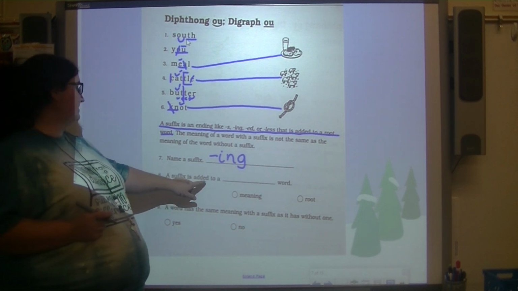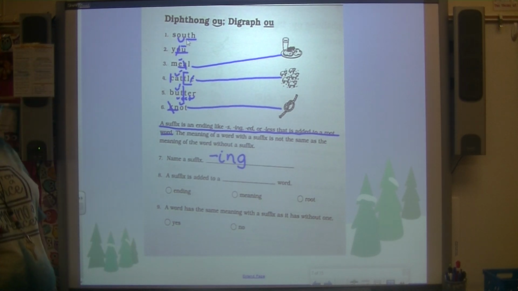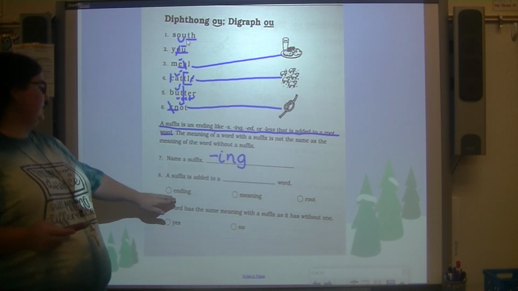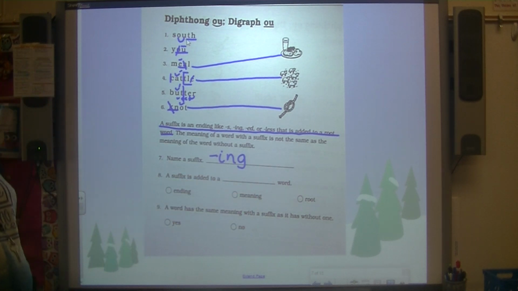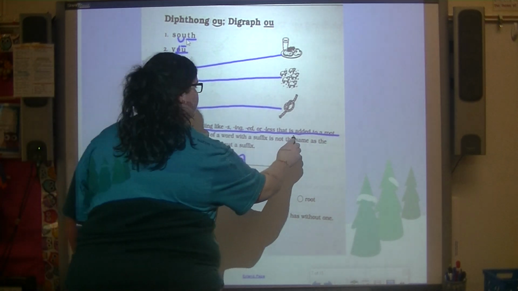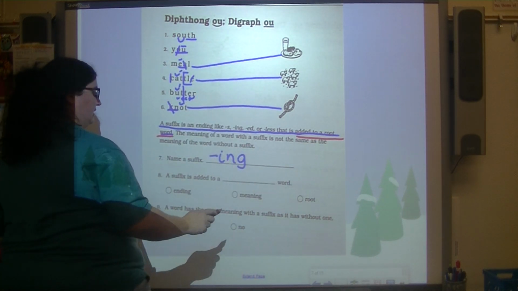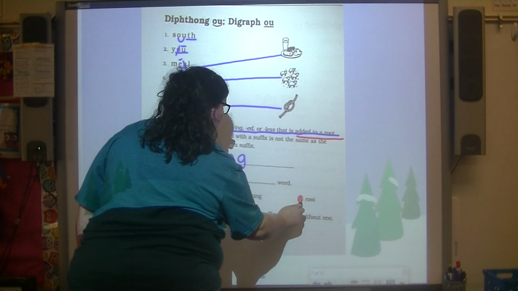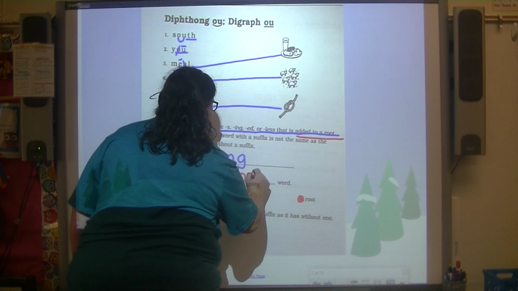A suffix is added to a blank word. Ending, meaning, or root. It says it is added to a root word. So I'm going to bubble it in and I'm going to write it in my blank.